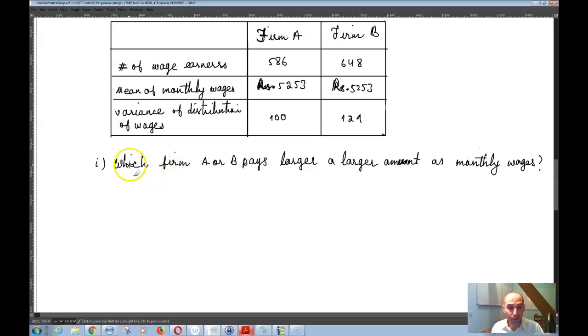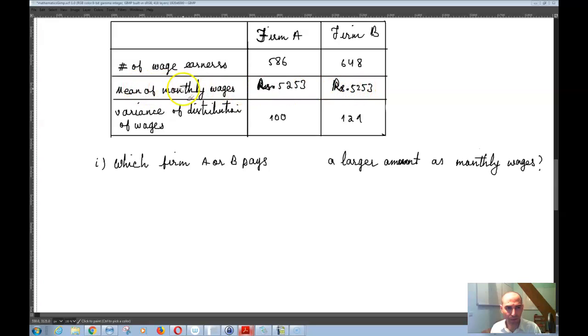To figure out which firm, A or B, pays a larger amount as monthly wages, you see that the mean of the monthly wages for firm A was 5,253, and this was the number of wage earners in this company, 586 people, and this was the number of wage earners in firm B, around 648 people.